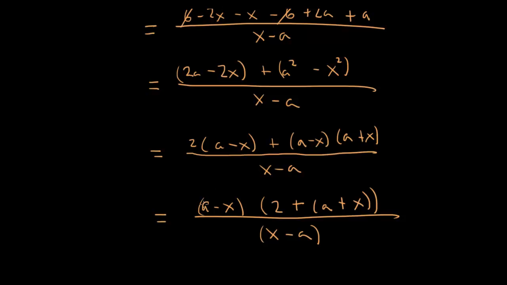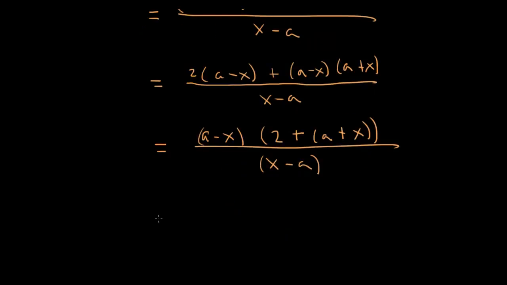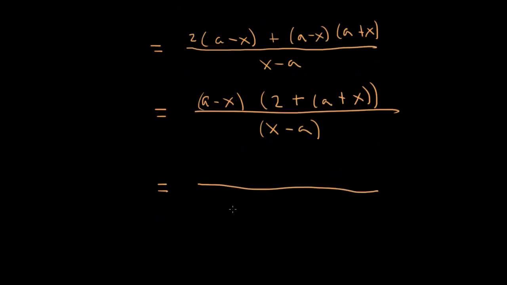Let's factor a negative 1 out of this top left-hand factor of a minus x. Factoring out negative 1 is one of those things that weirds some people out, but it's not that big of a deal. All you've got to do is think: if I factor out a negative 1 there, what would be inside the parentheses such that when I redistributed, I would get a minus x? That would be negative a plus x, which is x minus a.